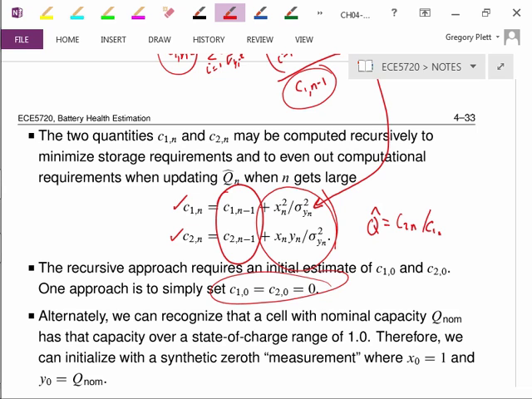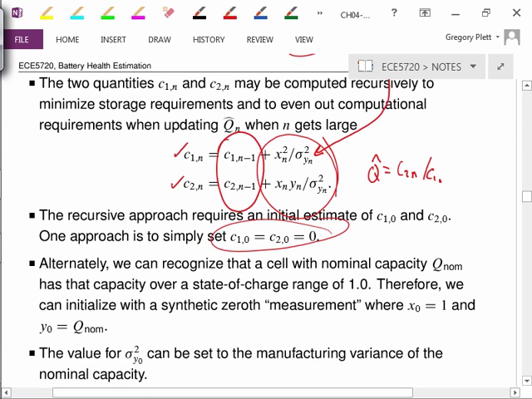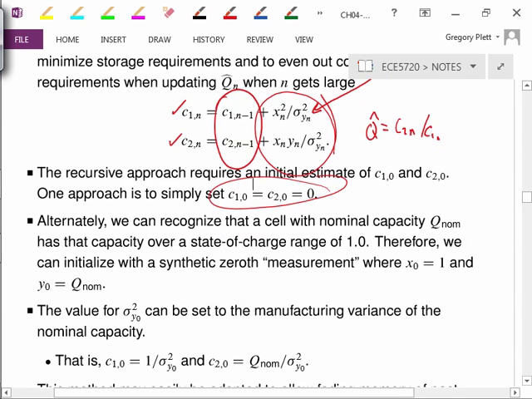We could do that, but I think that ends up with a bias in your initial estimate that over time might be corrected. I think it would be better to initialize a little bit more cleverly than that.